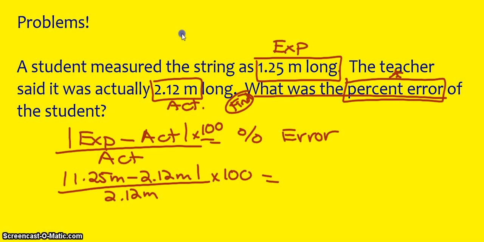Notice that I almost forgot my times 100 in there. Make sure that you take care of that and put that in even in your own work. When we get that all set to go and we punch that in the calculator with my absolute value, I get 41%.